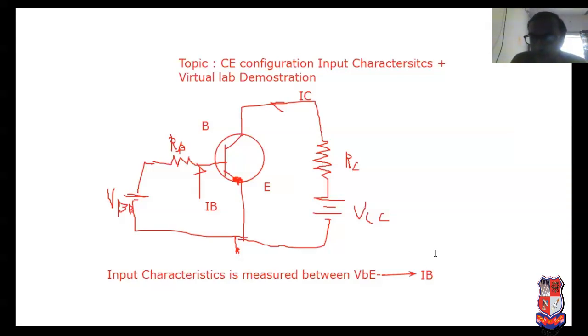It is the input characteristics. Similar to PN junction diode. Why? Because base emitter junction is connected in forward bias. So with the help of virtual lab, I have explained this.